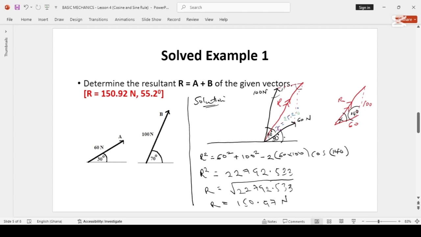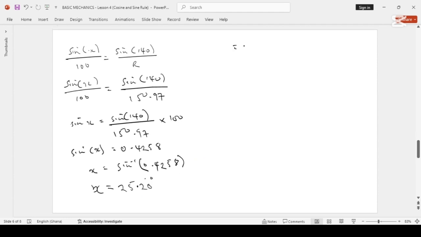So the actual angle of the resultant is going to be 25.20 plus 30, which is giving us 55.20 degrees.